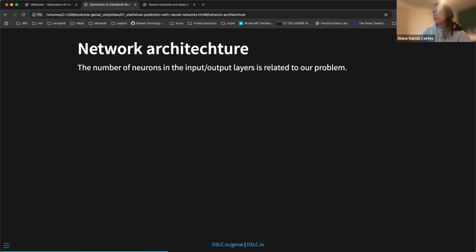Okay, so the number of neurons on each of the layers is associated to the type of problem that we're gonna review.